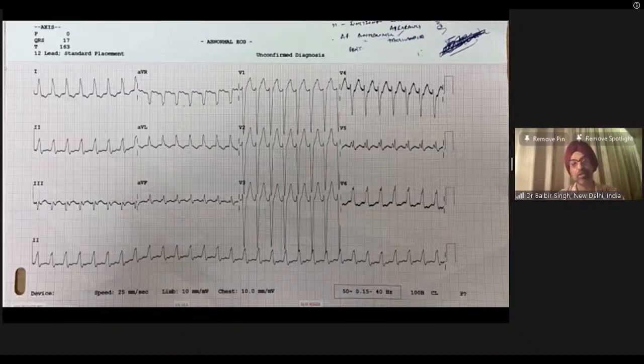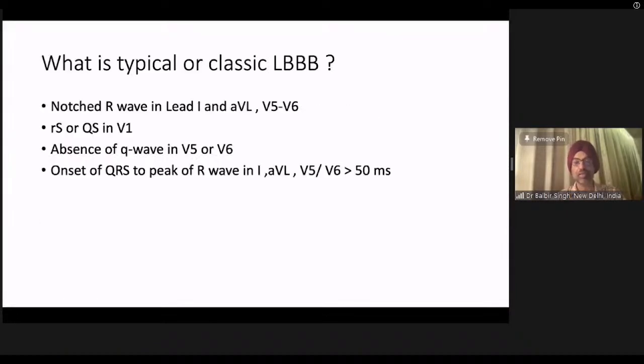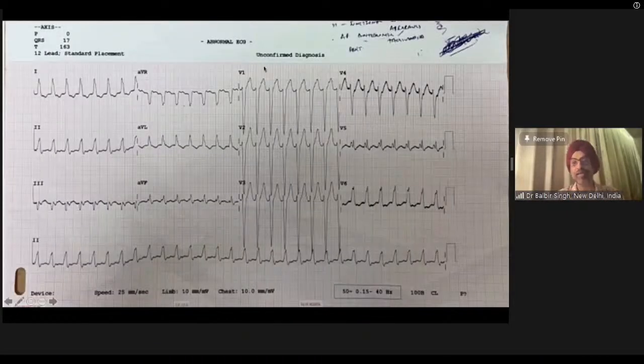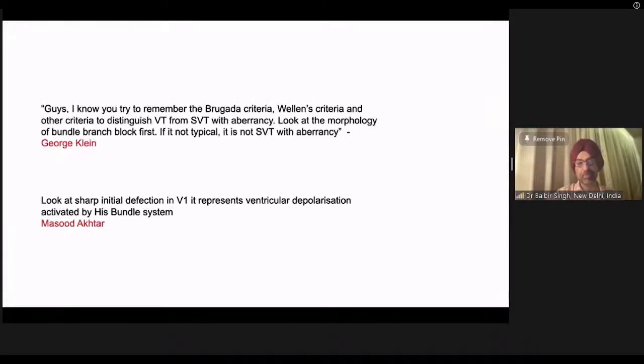You can see a notched R wave in I, aVL, V5, V6. Now the next thing that you have to look at is the initial R wave in V1. This is a very sharp R wave in V1. And I will take you to two big experts on this. One was Masood Akhtar. I still remember Wellens was visiting Milwaukee and I was there.